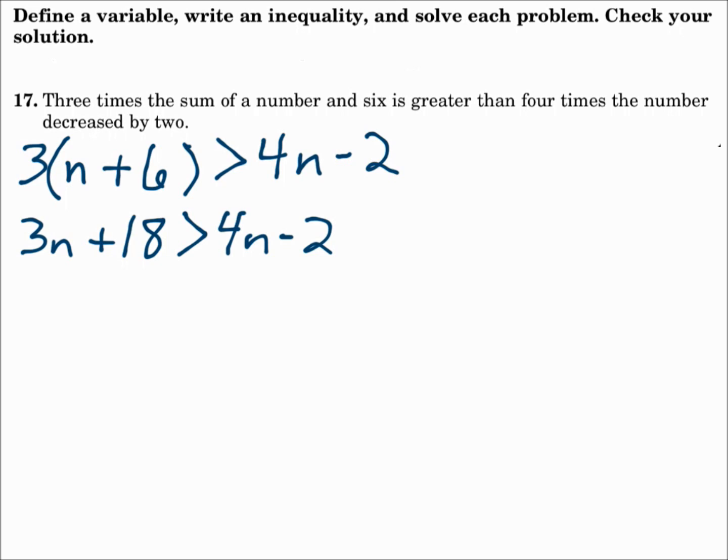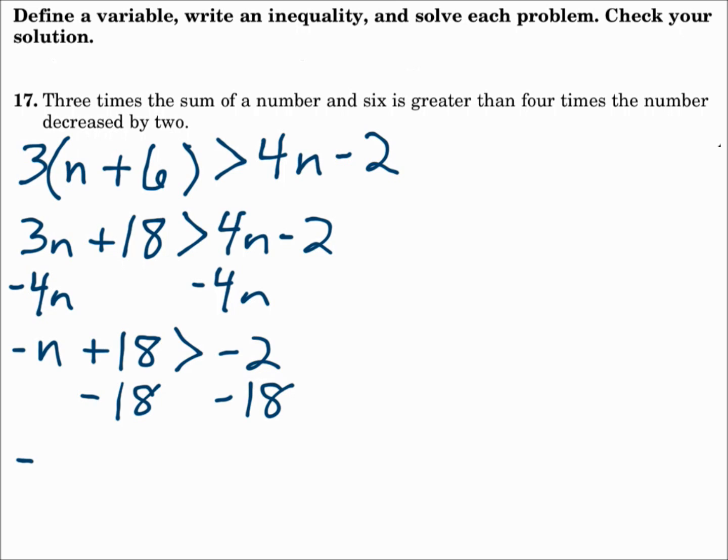The 4n is a positive 4n, so let's subtract it from each side. 3n minus 4n is negative n. And you're left with negative 2 on the right because the 4n's cancel. Now subtract the 18 from each side. You get negative 20.